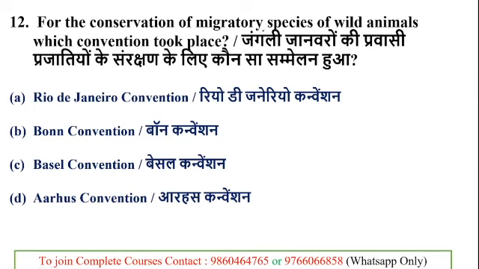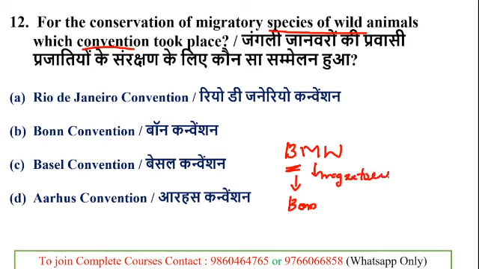Next question: for the conservation of migratory species of wild animals, which of the following conventions took place? In an earlier slide, with the short trick to remember, I said BMW. B for Bonn Convention and M for migratory species, that is wild animals.